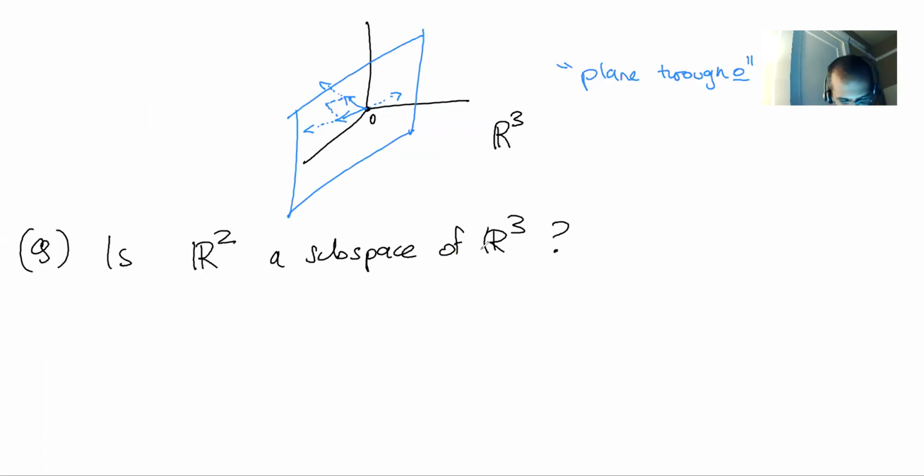Forget subspace, is R2 even a subset of R3? Remember, R2 contains vectors that look like this, and R3 contains vectors that look like this. Are the vectors in R2 actually literally contained in R3?